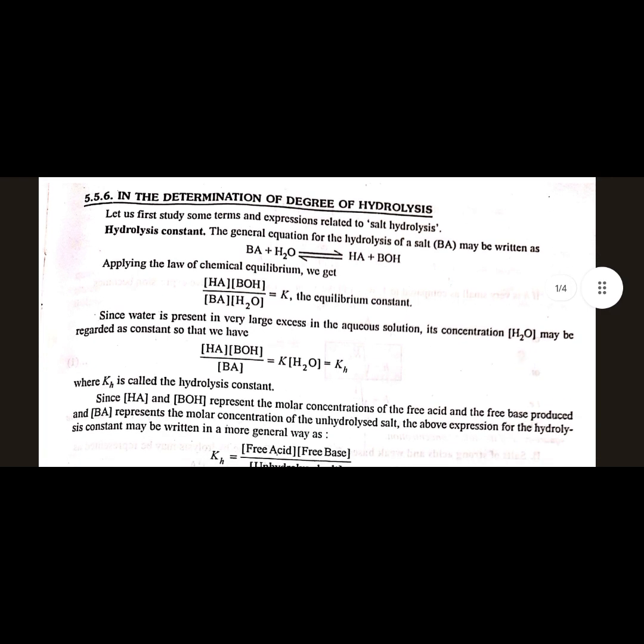In the determination of degree of hydrolysis, let us first study some terms and expressions related to salt hydrolysis. Hydrolysis constant. The general equation for the hydrolysis of a salt may be written as BA plus H2O dissociates into HA plus BOH. Applying the law of chemical equilibrium, we get concentration of HA into BOH concentration divided by BA concentration into H2O concentration is equal to K, the equilibrium constant.